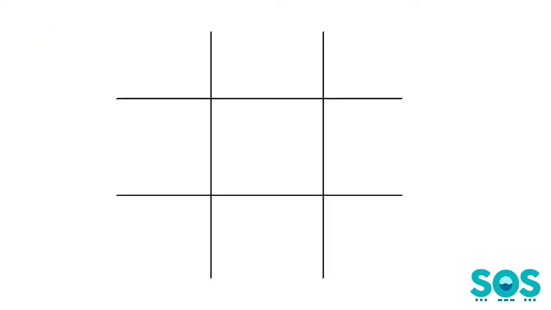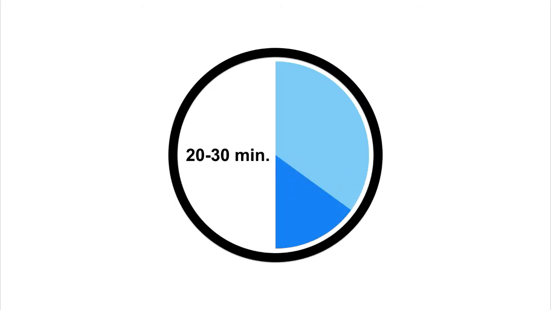Your students will need to create a tic-tac-toe board on a piece of paper and have a writing tool to mark X's and O's on the board as they proceed with the instructional strategy. The paired students will also need to decide who will be X and who will be O. This strategy should take about 20 to 30 minutes of class time.